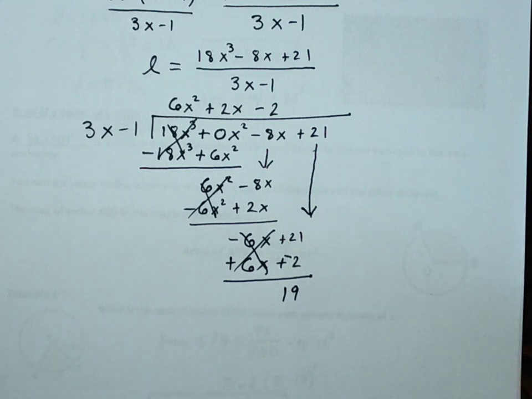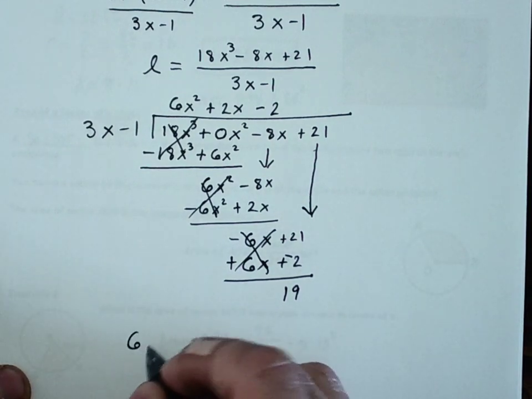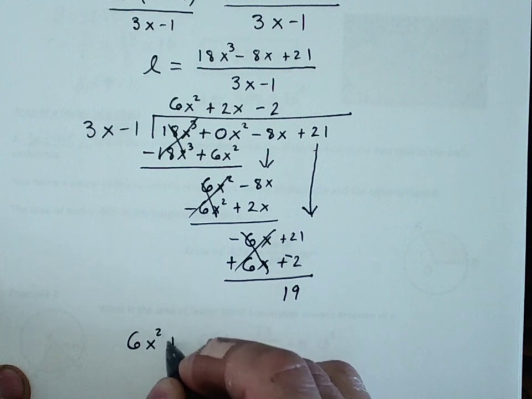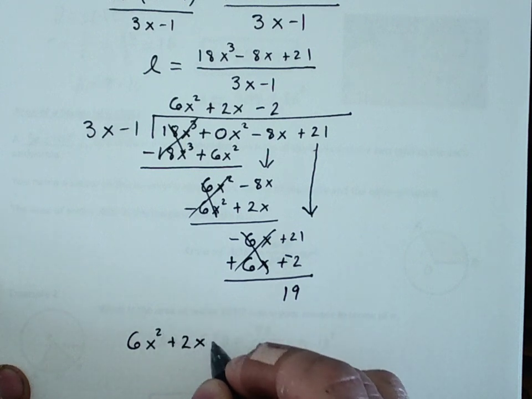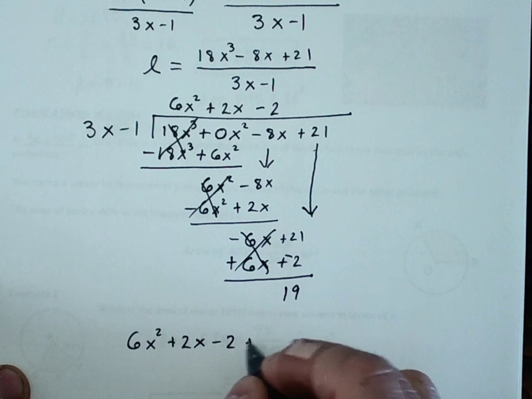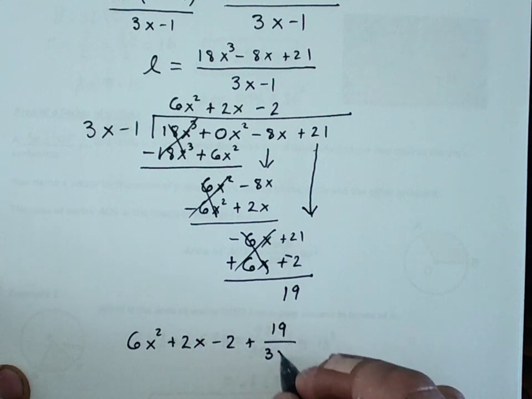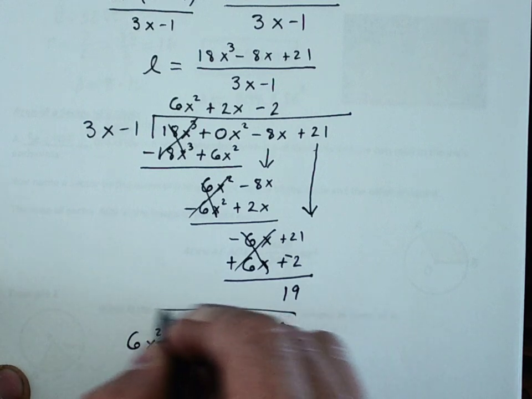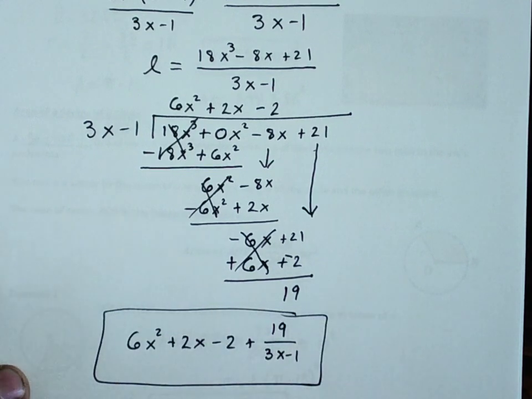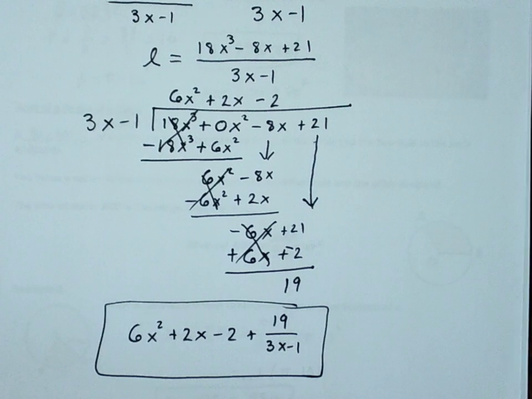So the answer to the question is 6x squared plus 2x minus 2 with a remainder of 19 divided by 3x minus 1. That is your length.